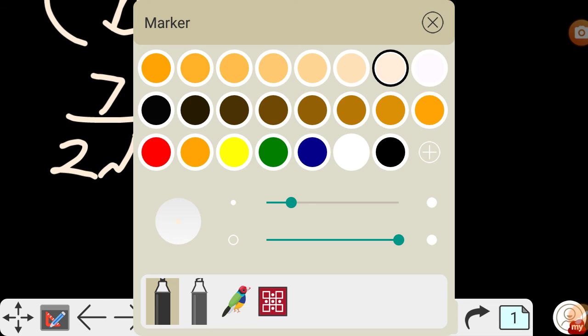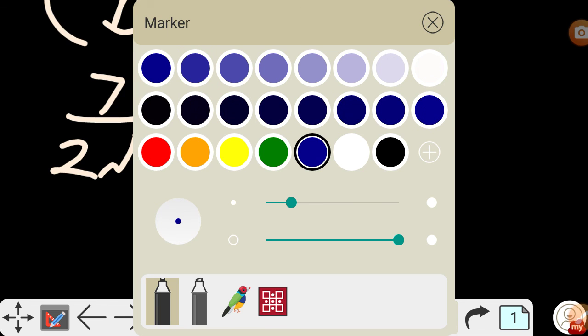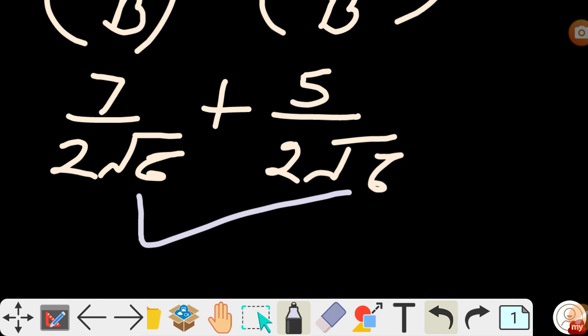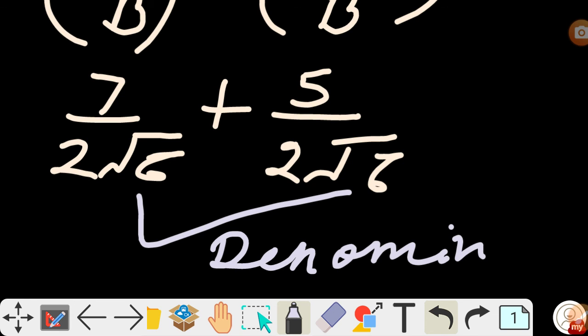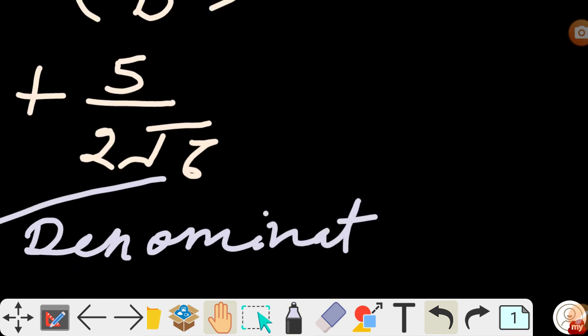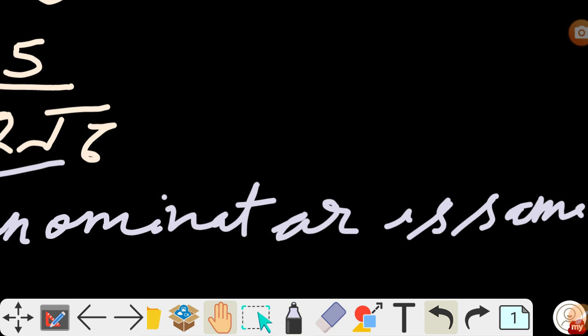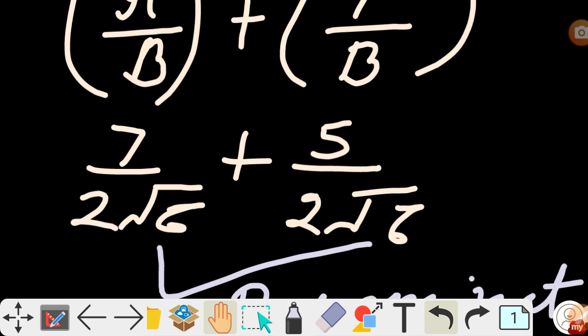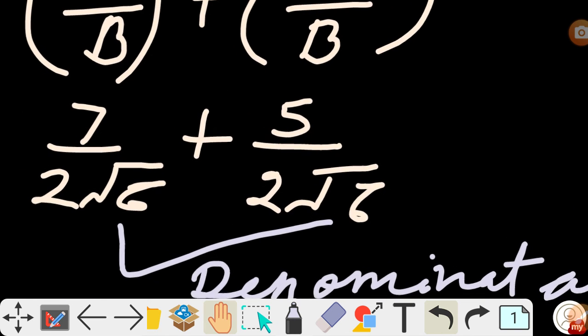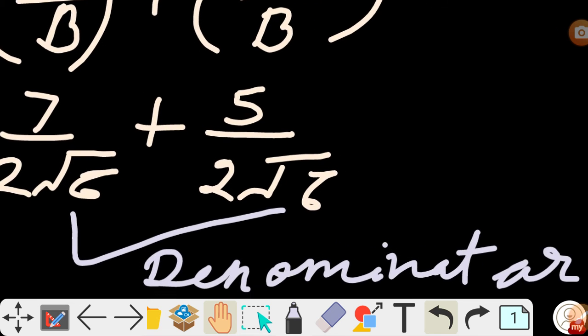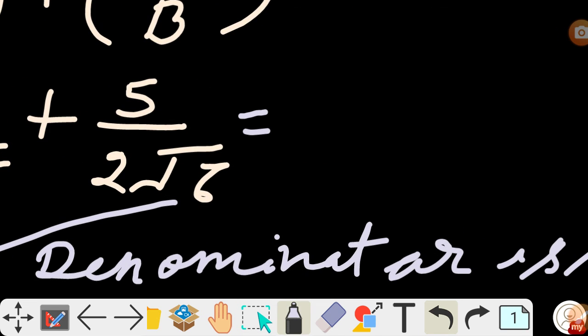You can see here one thing. If the denominator is the same, then we add the numerators. So here we have 7 plus 5, 12 upon 2 root 6.